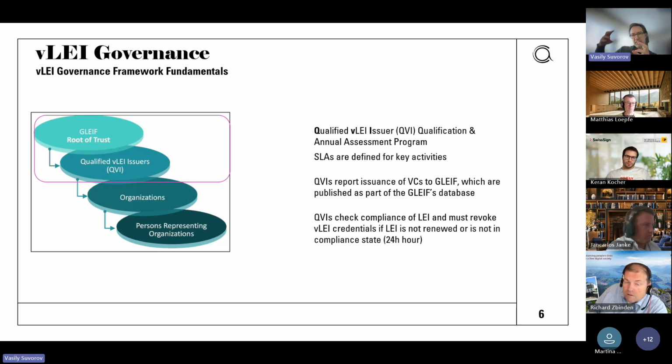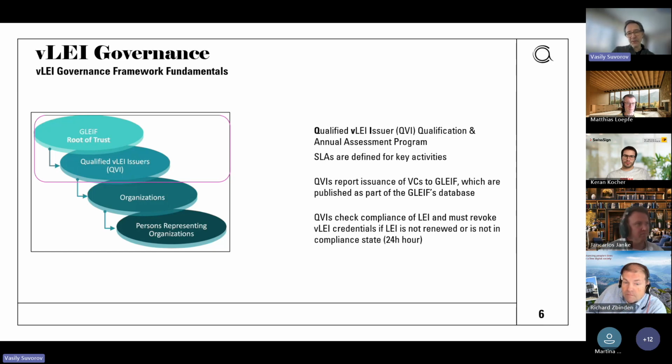However, the same thing happens for vLEIs. You also have these entities that are qualified through the program, and they need to adhere to service level agreements for their key activities. And what happens is the QVI reports issuance of verifiable credentials to GLEIF, which are then published as part of their database, which you can see, right? As I mentioned, you can go and find the credentials there.